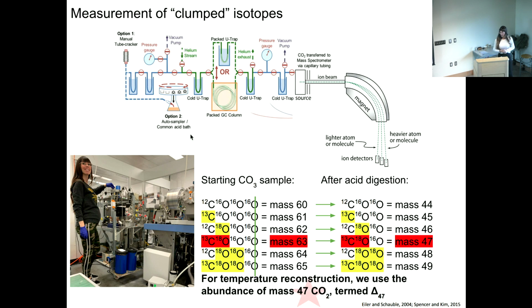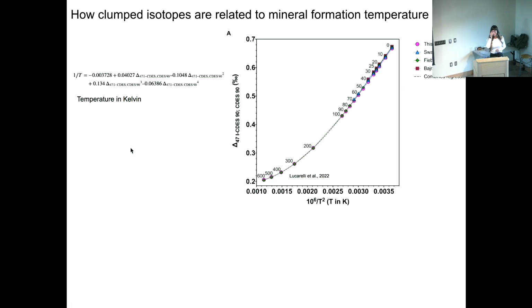So once we've done that, our mass 47 abundance is termed delta 47. So that's what you see right here. That's our final thing that we get from our computer, and after all the corrections are done, we get our delta 47 value. And what we do from there is we can use a relationship like this, where we have our delta 47 value and then temperature in degrees Kelvin, which is just another temperature measurement similar to Fahrenheit or Celsius.